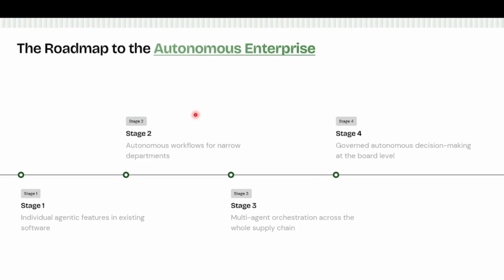A roadmap to the autonomous enterprise. What is in the future? We know that there's going to be an autonomous enterprise. That is the future, where you have a hierarchical agent society, with swarms of agents performing tasks like employees. You have a CEO agent, CTO agent, CFO agent.